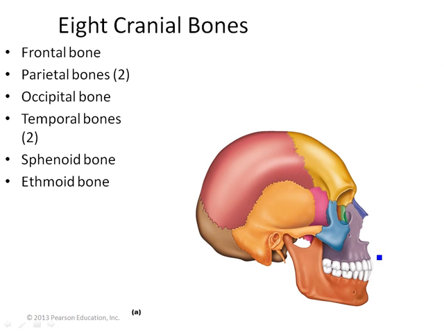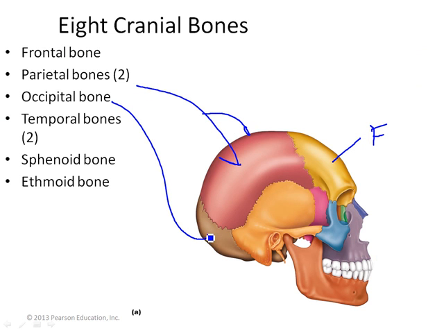Okay, so let's start with the cranial bones. And you have 8 cranial bones. You have 1 frontal bone, 2 parietal bones on either side, 1 occipital bone, 2 temporal bones, one on either side, a sphenoid bone, and an ethmoid bone. This is your frontal bone. This is your parietal bone, and there's one on the other side.